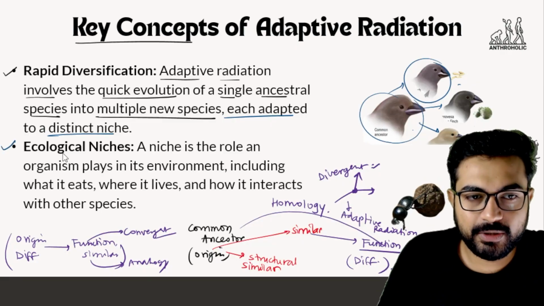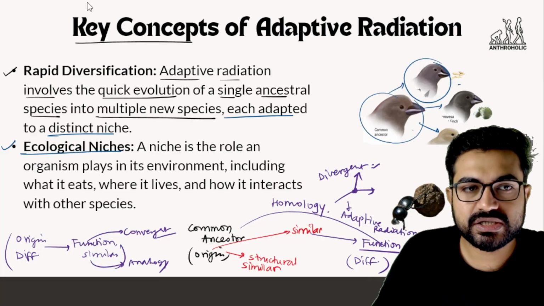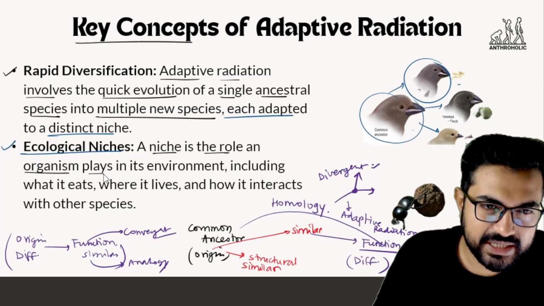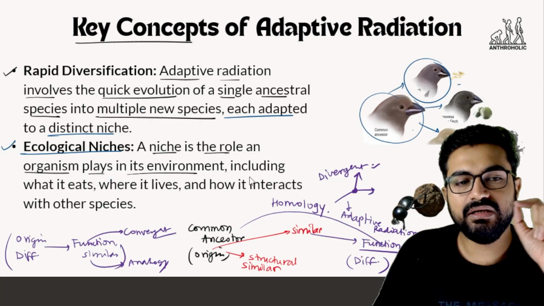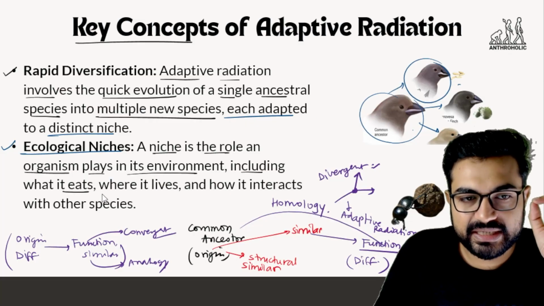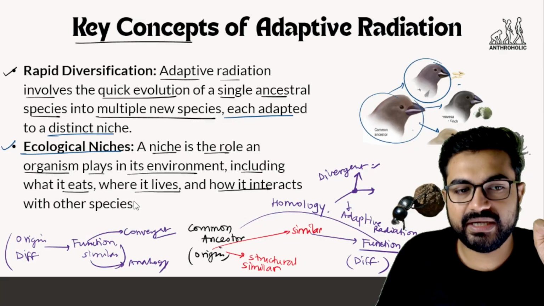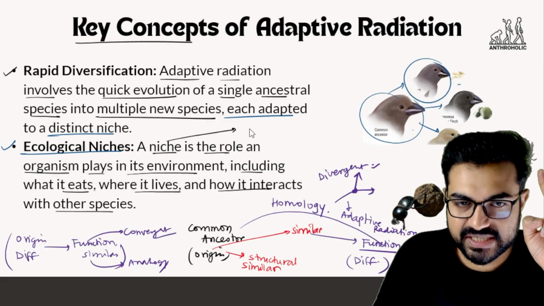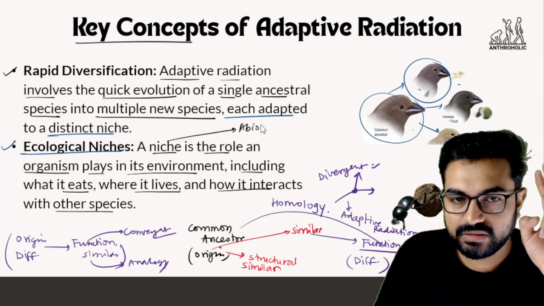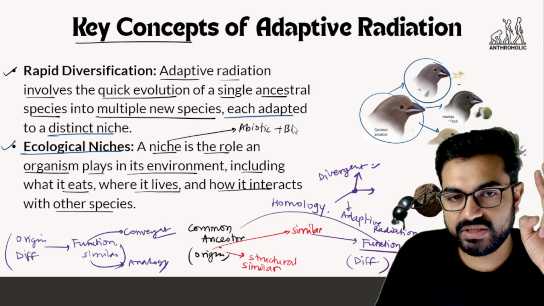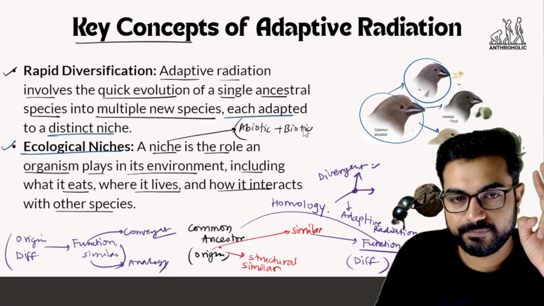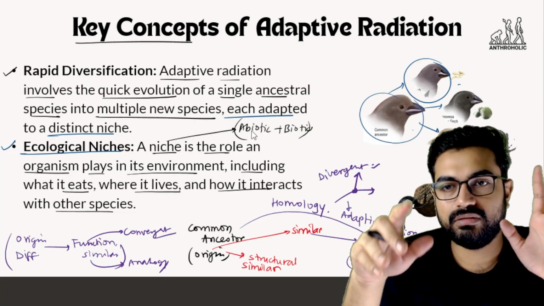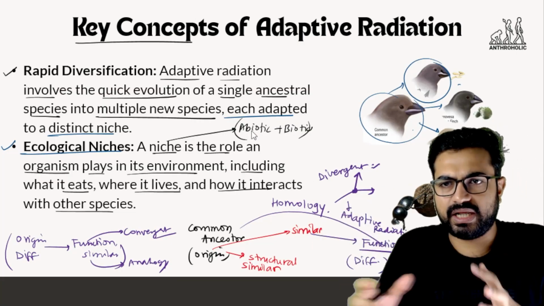Now, we'll talk about ecological niches. What is a niche? A niche is the role an organism plays in its environment. Basically, it includes what it eats, where it lives, and how it interacts with other species. So, niche actually comprises all the abiotic plus all the biotic interactions that are taking place in that particular organism's ecosystem.